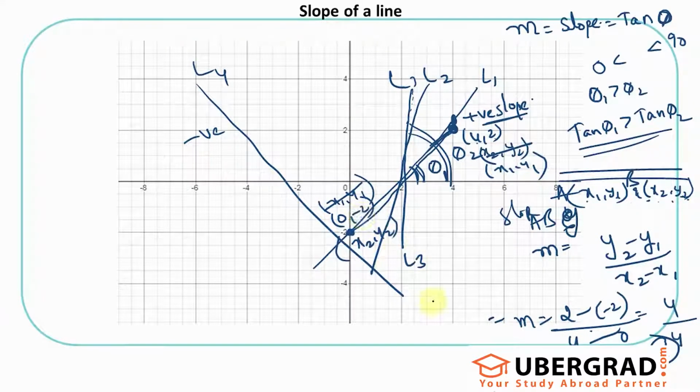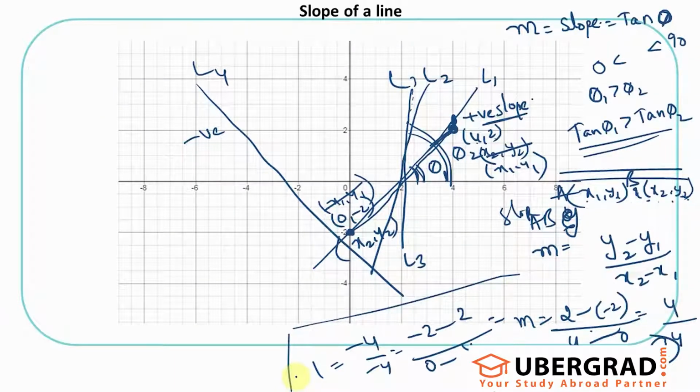That is minus 2 minus 2, that is minus 4, by 0 minus 4, minus 4, which is 1, the same answer. Just maintain the consistency of which you take as x1, y1 and x2, y2. That's very important in slope. I see some students making mistakes in that part.